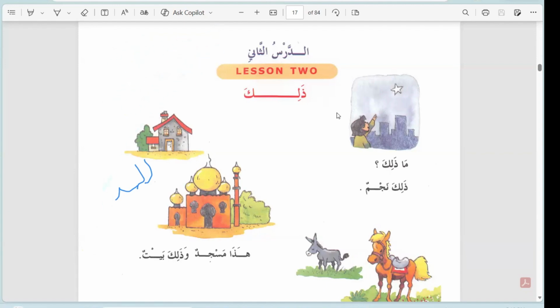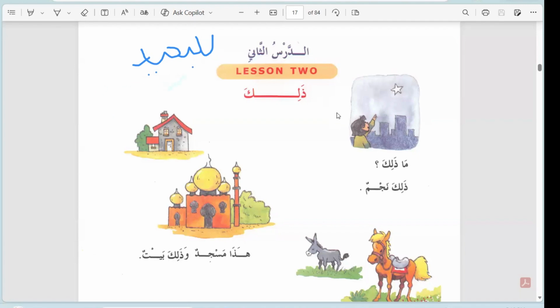Anyways, so this second lesson is about ذلك, which is اسم الإشارة للبعيد للمذكر. بعيد means far, and للمذكر is for masculine.